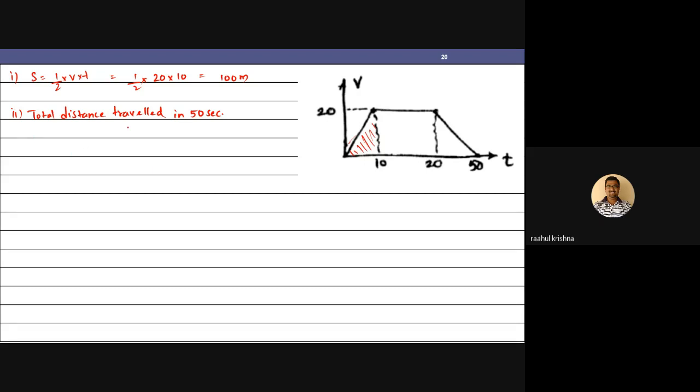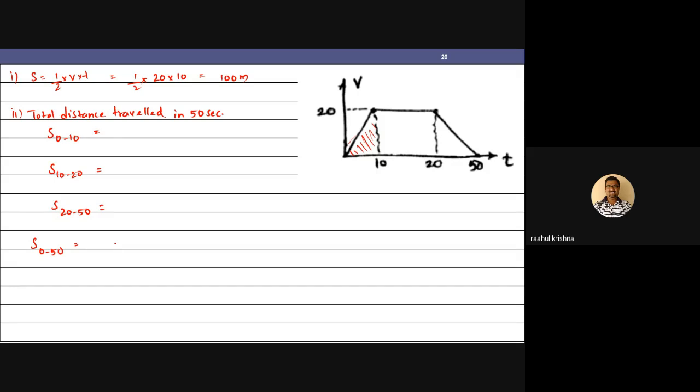Firstly, I can split this entire region into three parts: S from 0 to 10, then the displacement between 10 and 20, then the displacement between 20 and 50. Or otherwise, S between 0 to 50, because here I have two parallel sides, so it is completely the area under a trapezium.